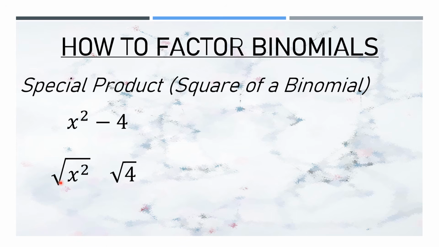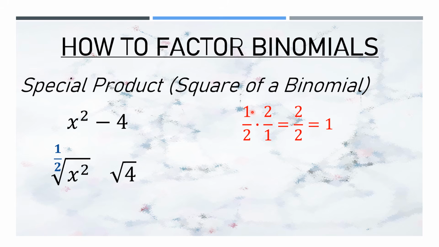Okay, so hahanapin natin ang square root ng x squared at ang square root ng 4. So, paano ba natin mahahanap ang square root ng x squared? Ang square root ng x squared, kapag may symbol na square root, automatic ang value po niyan ay 1/2. And then, isosolve na natin ang 1/2 at ang exponent na 2.